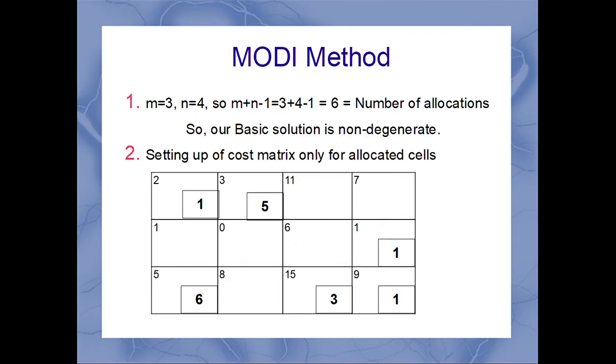Step 1 is checking for degeneracy, that is, m plus n minus 1 equal to the number of allocations. Here m is the number of rows and n is the number of columns. We have 3 rows and 4 columns, so m plus n minus 1 equals 6, which is equal to the number of allocations: 1, 2, 3, 4, 5, 6.